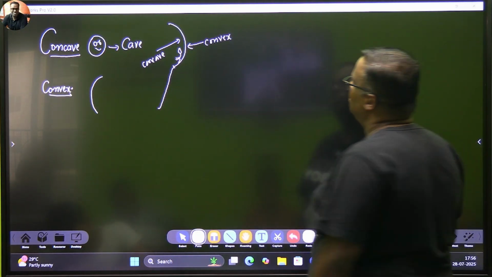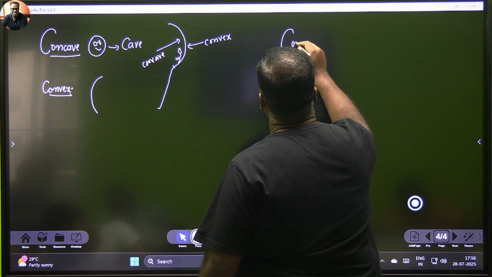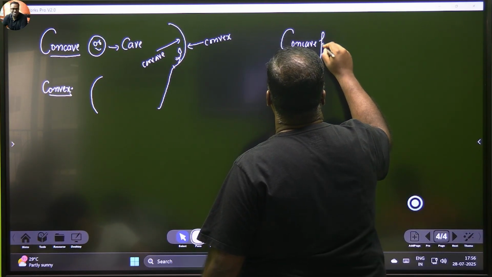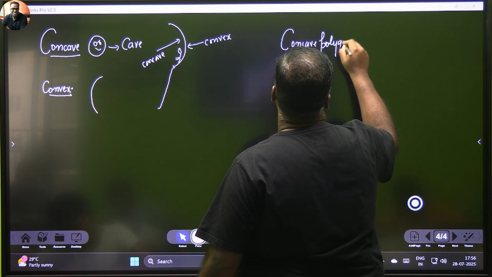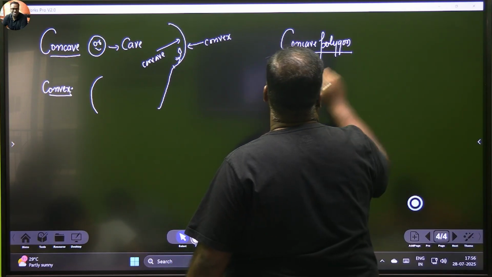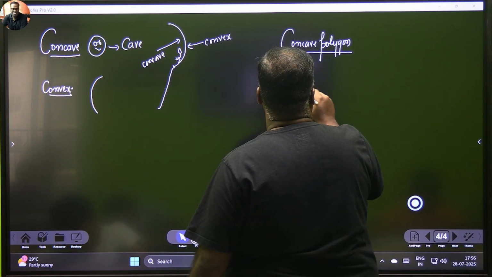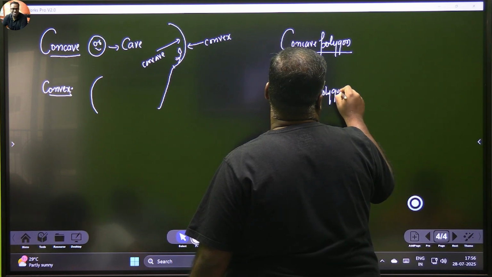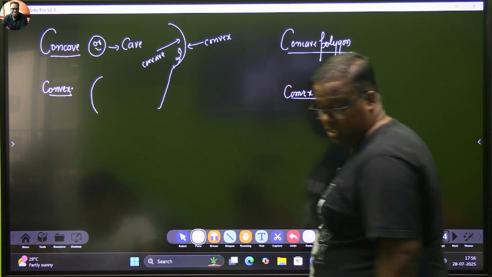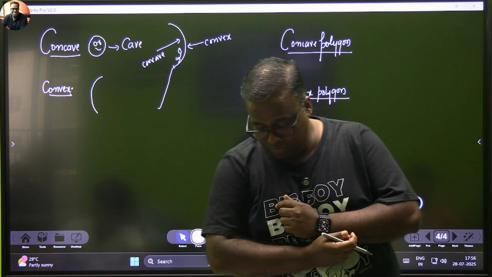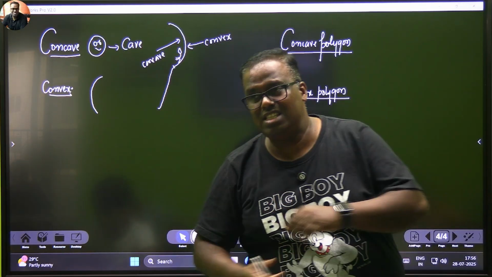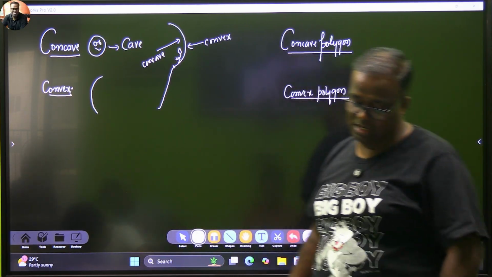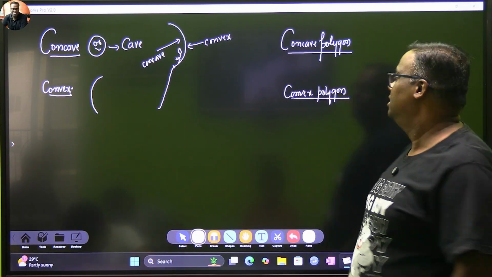So in our topic, we have to study something called a concave polygon, and there is another called a convex polygon. Now, a convex polygon is very easy to understand. A convex polygon is one in which each angle is less than 180 degrees.